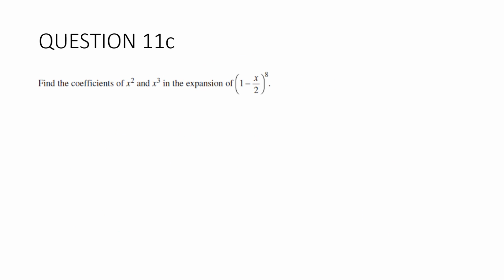11c, find the coefficients of x squared and x cubed in this expansion. Now it's pretty easy to see that x squared is going to be the third term and x cubed is going to be the fourth. So I'm actually just going to expand this out.